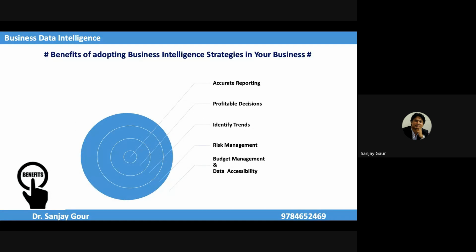Next is identifying trends, again an important section. Next is risk management, and then budget management and data accessibility. So we can say the final outcome of data science and data analytics is accurate reporting, profitable decisions, identifying trends, risk management, budget management, and data accessibility.